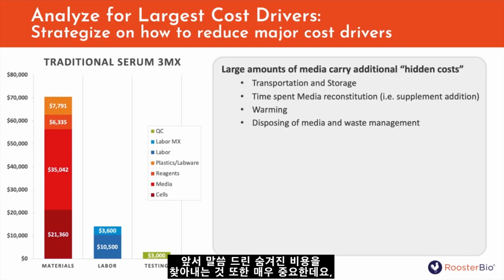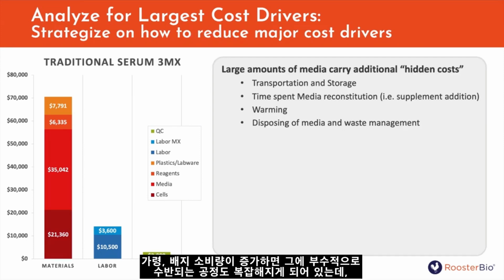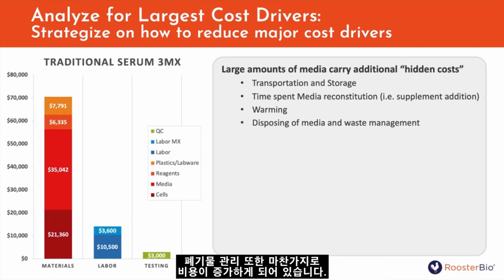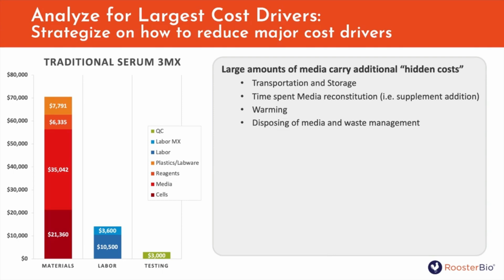As mentioned, it is important to look for hidden costs as well. For example, as media consumption increases, everything becomes more complex. You need to transport and store it, reconstitute large quantities, warm larger quantities before use. Even disposing and waste management becomes more resource consuming.